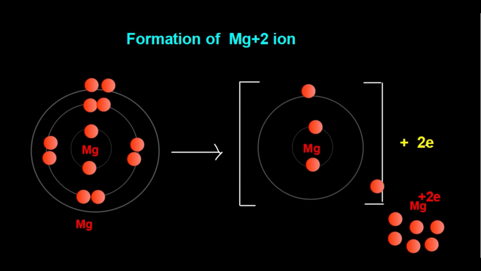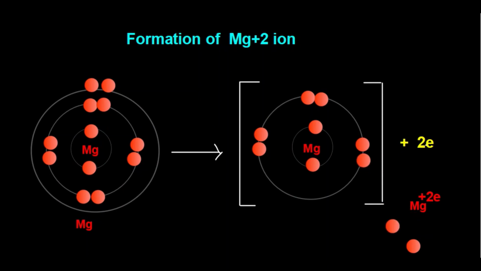So 1, 2, 3, 4, 5, 6, 7, 8. Actually, when magnesium changes to the magnesium ion, it will lose the 2 electrons here.